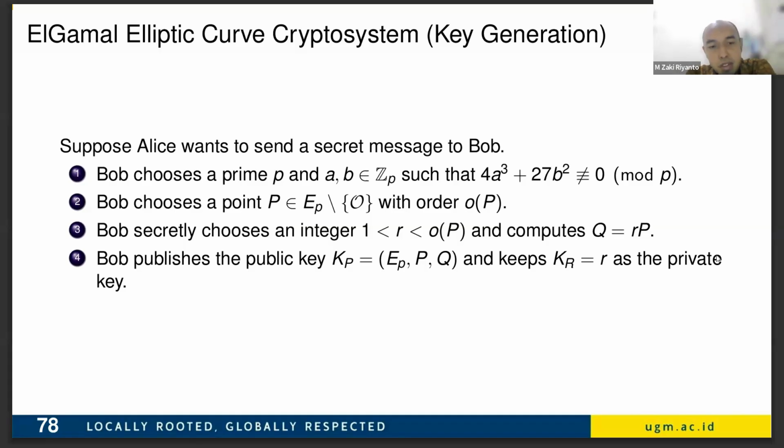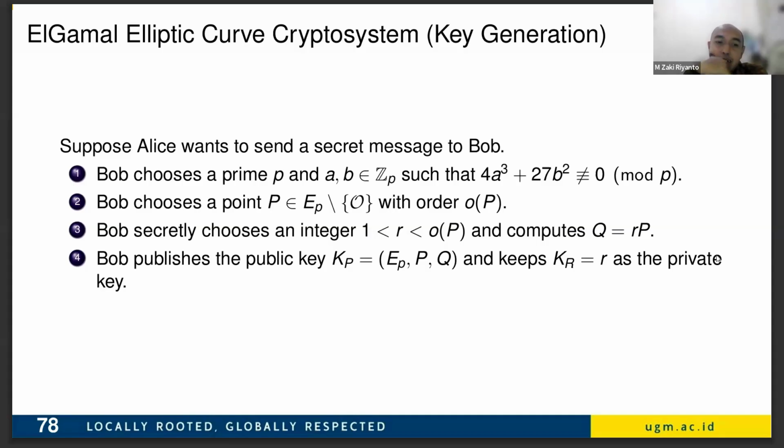Here, Bob chooses a prime number p and a, b in Fp, such that the discriminant is not equal to 0. And then Bob chooses a point P on the elliptic curve.